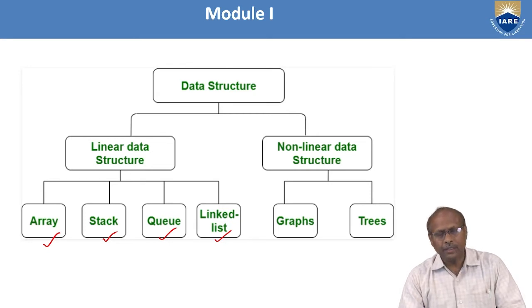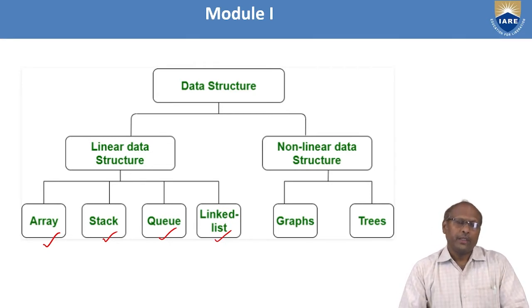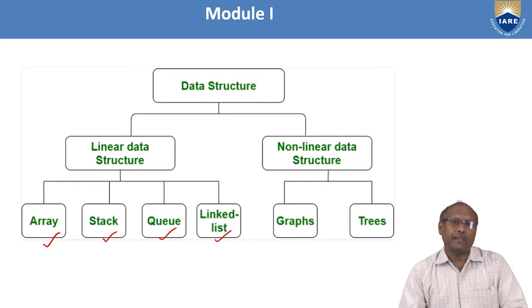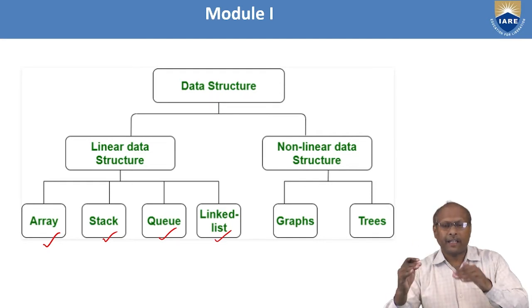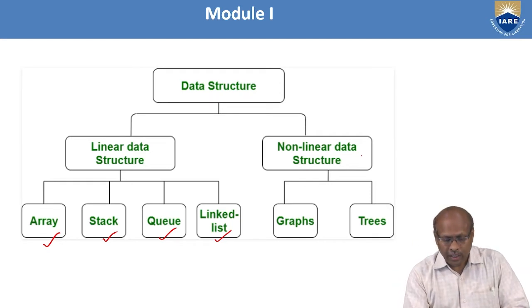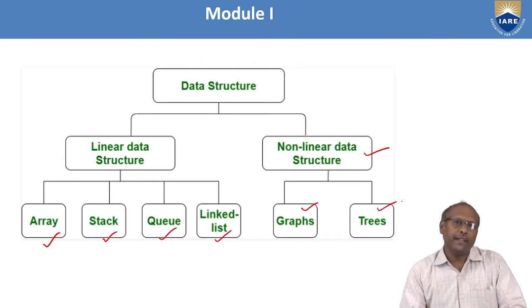But there is some information that you have to organize in a non-linear pattern, that means in a hierarchical pattern. Those are called non-linear data structures. Under non-linear data structure, you will have a graph as well as a tree. The graph and tree are organized in a hierarchical pattern, so they come under non-linear data structure.